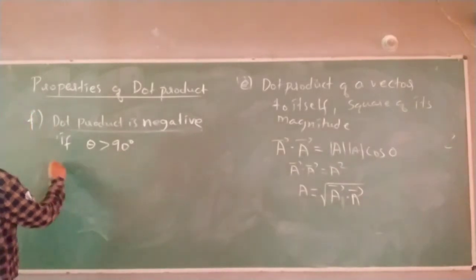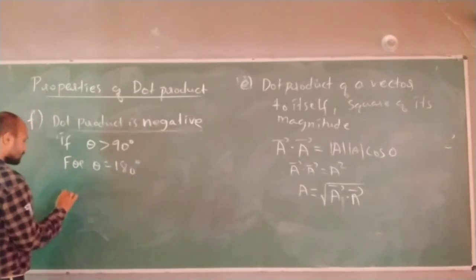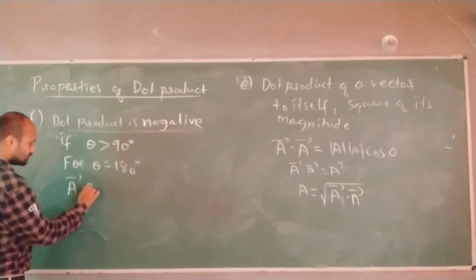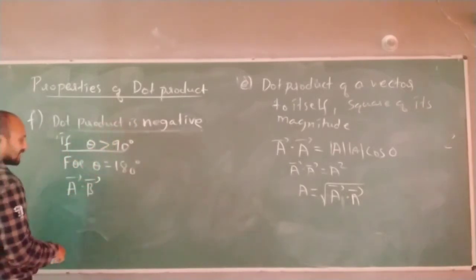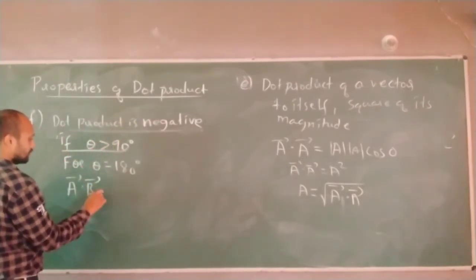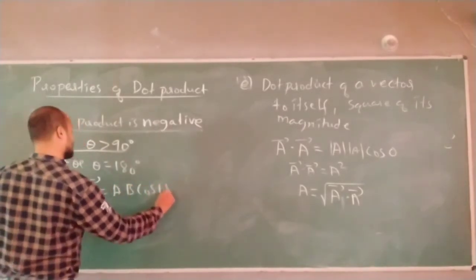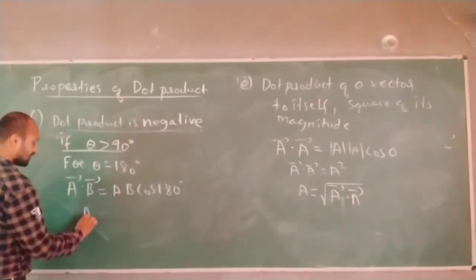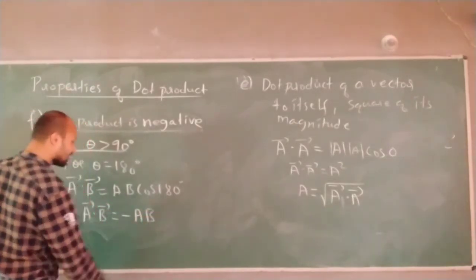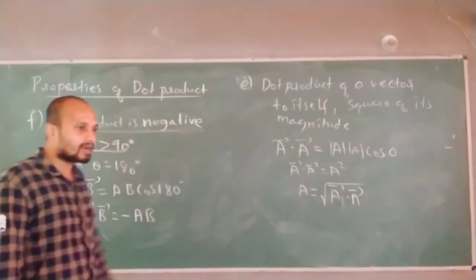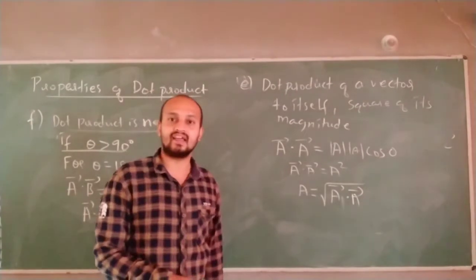For theta equal to 180 degrees, A dot B will be equal to AB into cos of 180 degrees. Cos of 180 degrees is negative, so this becomes minus AB. The dot product is negative, that is minus AB. At certain conditions it is used.